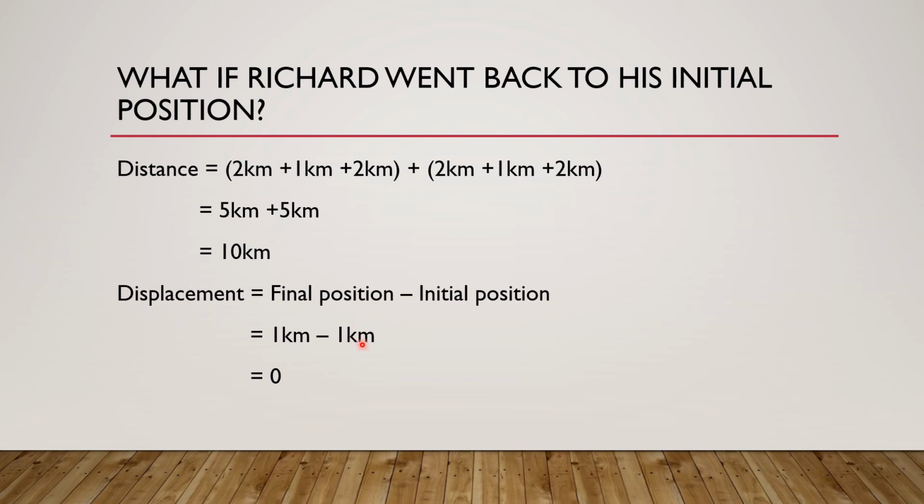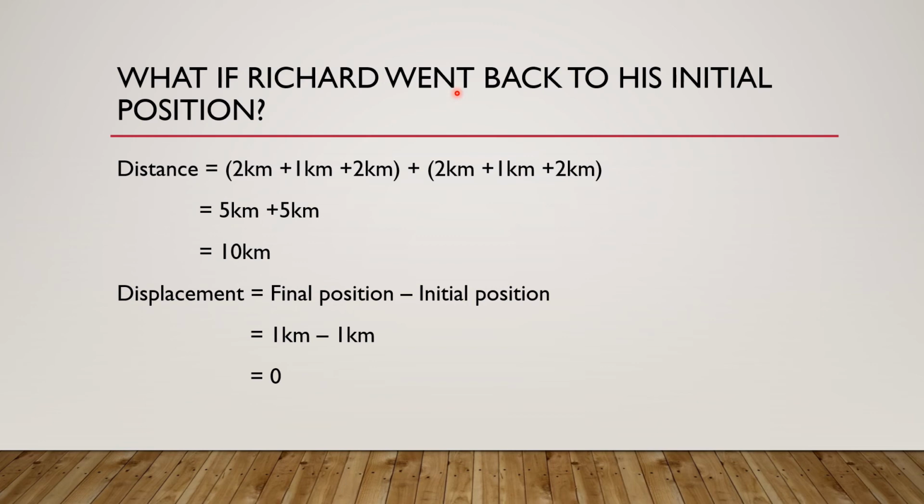So, yung displacement kanina natin, 1 kilometer, diba? From doon sa initial niya, pupunta sa bahay niya, kasi wala pa siyang natatakbo, tumakbo na siya. Nagkaroon na siya ng displacement na 1 kilometer. Bumalik siya sa final position niya, which is another 1 kilometer. So, 1 kilometer minus 1 kilometer is equal to 0. So, displacement is equals to 0.